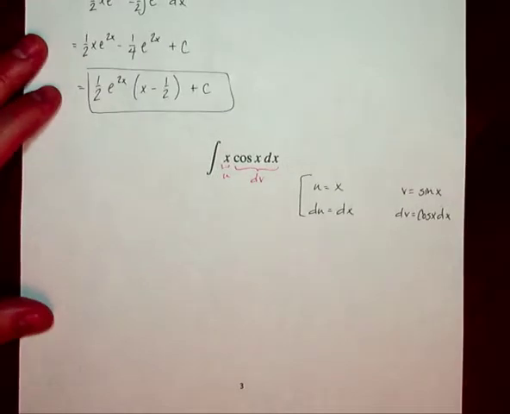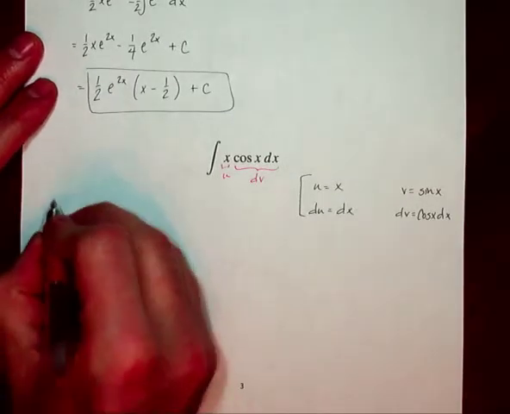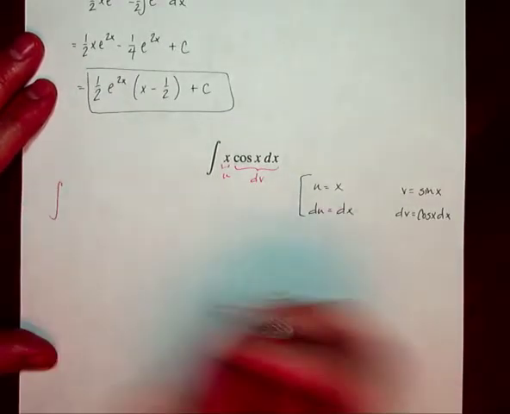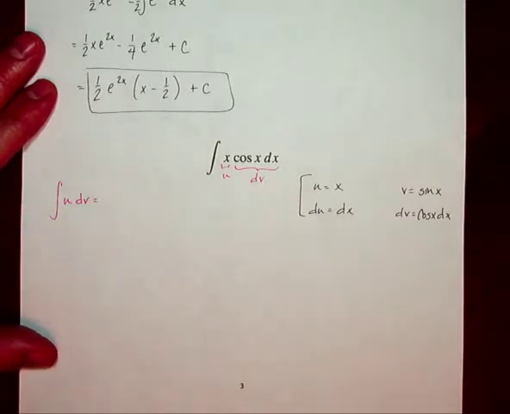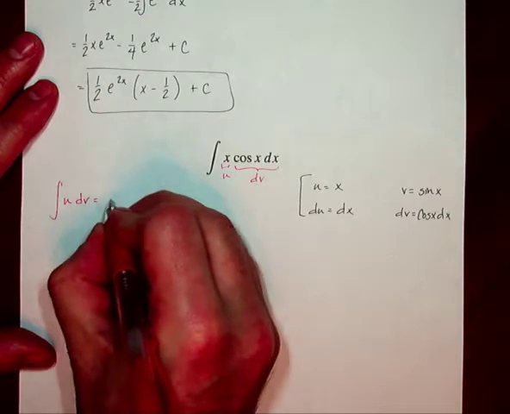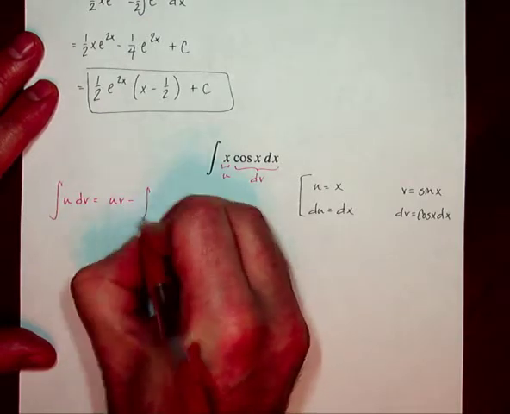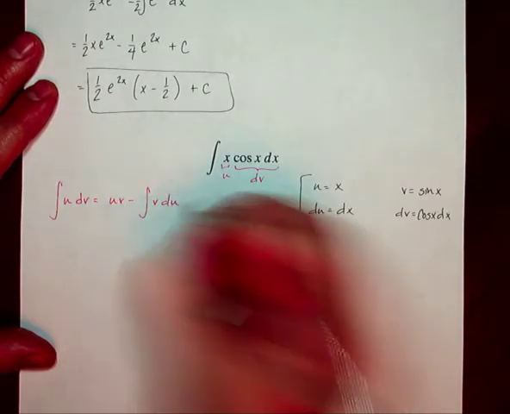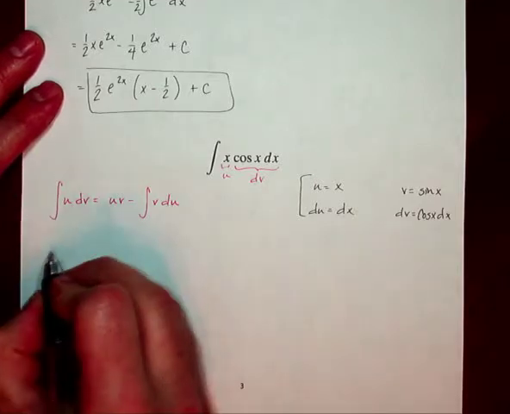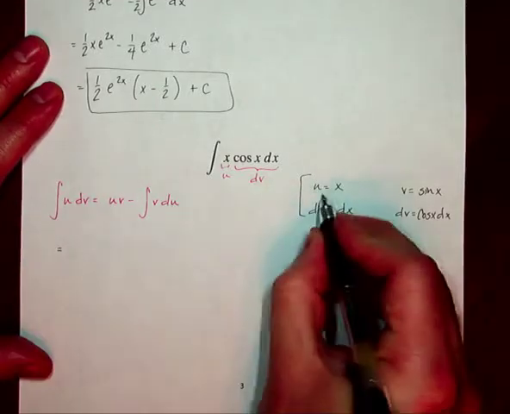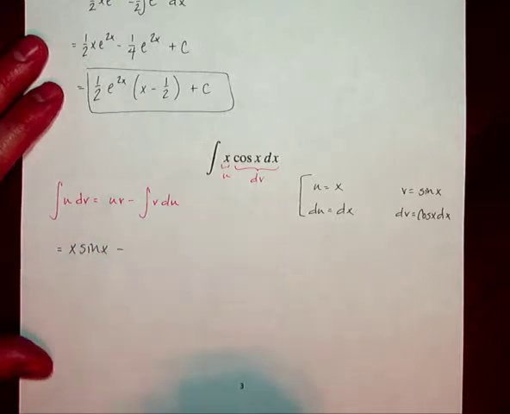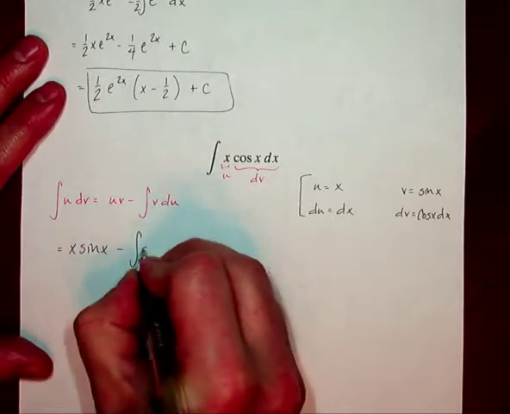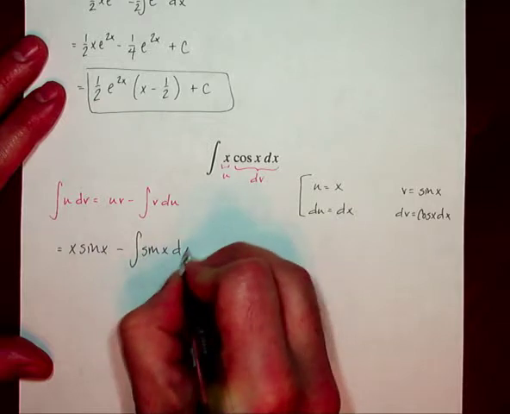Now remember, what I'm looking for now is I've designated my u and my dv, and so remember the integral of u dv is uv minus the integral of v du. Okay, well, my u and my v are x and sine x, and my v du is sine x dx.